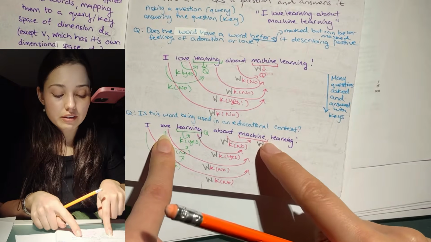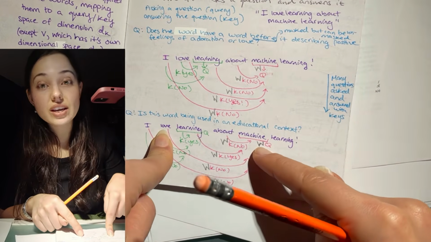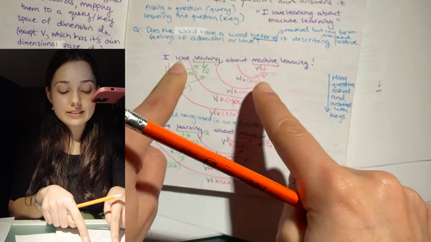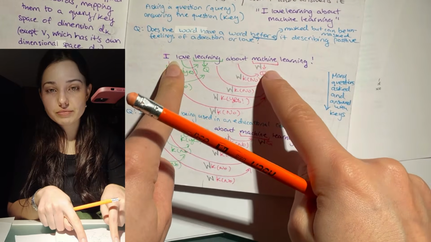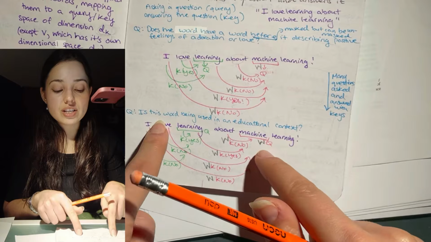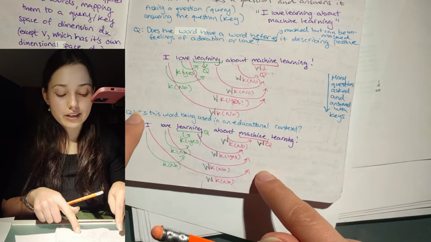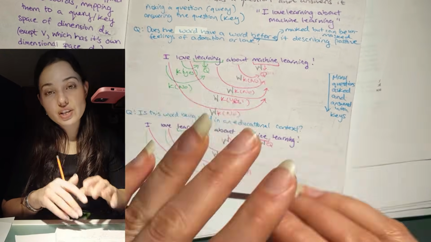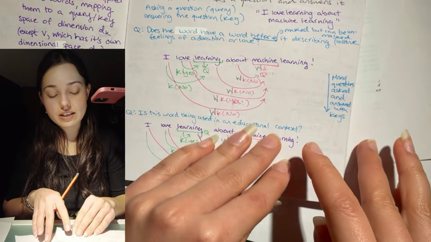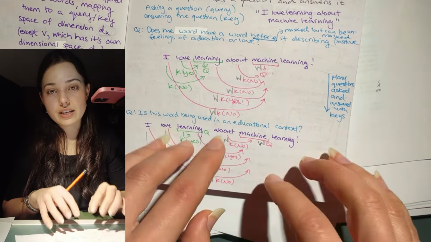The word love is not using the word machine in an educational context. It did change its value into a love or admiration context, but it did not change it in this case for the educational context. The word I did not change its value into an educational context. So in this case, only the word learning answered yes to this query.